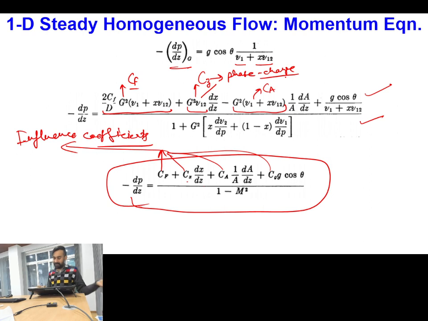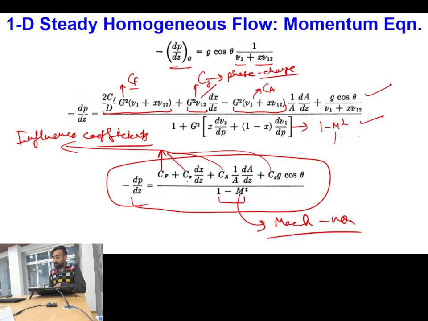Okay, and then final is very simple, this is because of the gravitational field, and then you have some term in the denominator, and this term in more generic sense can be equated to 1 minus M square, where M is nothing but over here Mach number. Okay, so if you equate this denominator to 1 minus Mach number square, you can determine what will be the speed of sound in your homogeneous mixture.